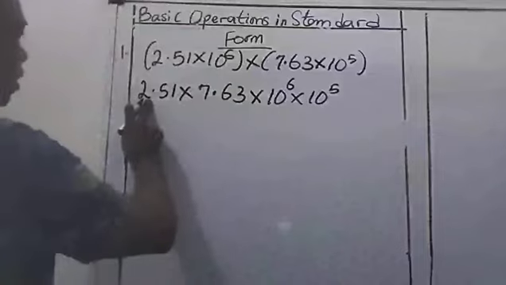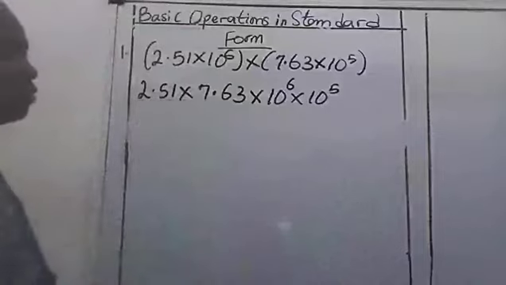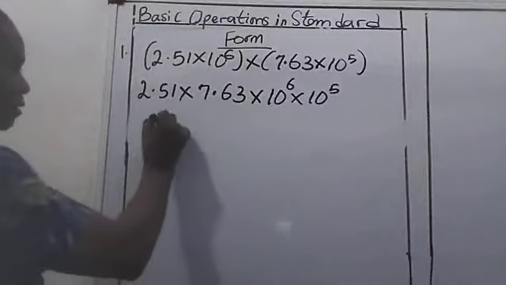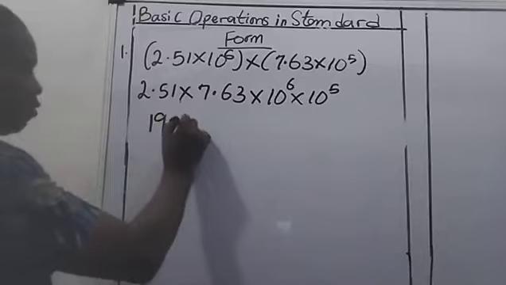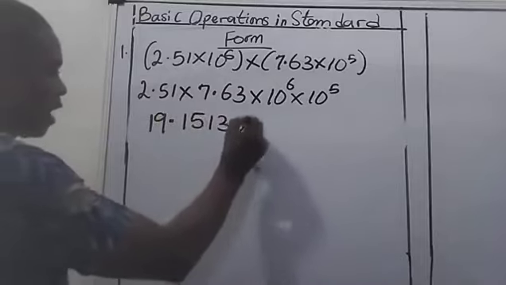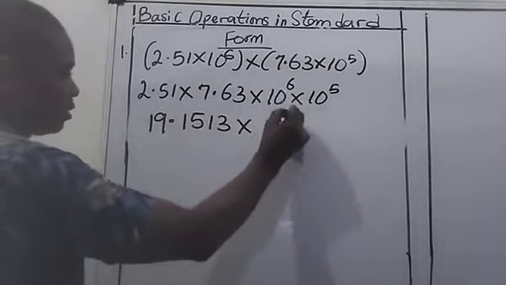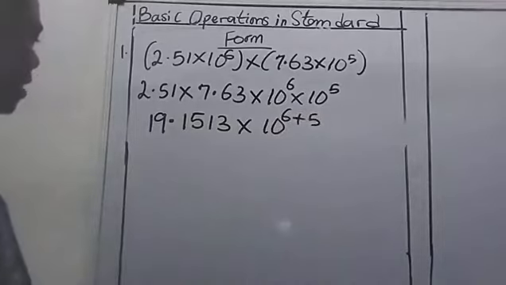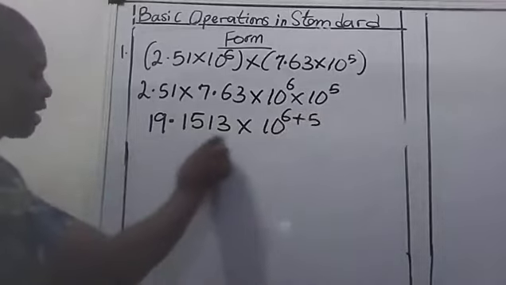So 2.51 times 7.63 will give 19.1513, then times 10 raised to power 6 plus 5. The next thing is to rewrite this in standard form again.